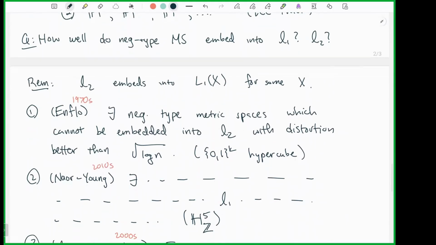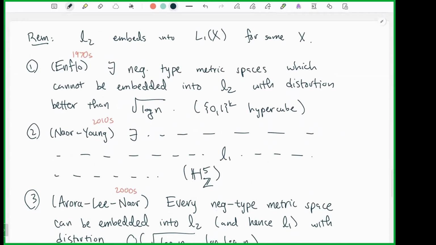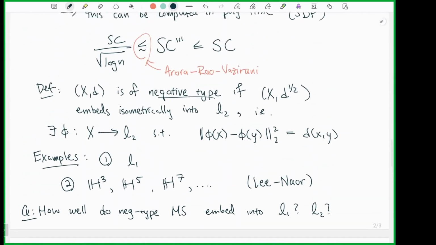One remark is that in between all this time, since Arora, Lee, Naor and Arora, Rao, Vazirani were published, there have been some simplifications of this proof. In particular, there are these lecture notes by Thomas Rothvoss, which simplify the argument and the presentation quite a lot. That was very helpful for us in understanding where to start in trying to improve these arguments.